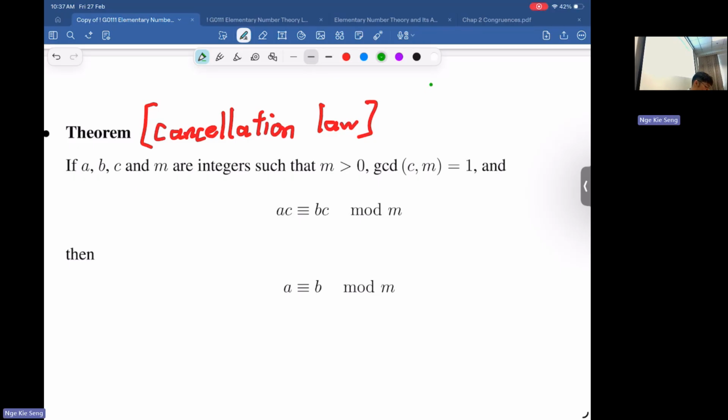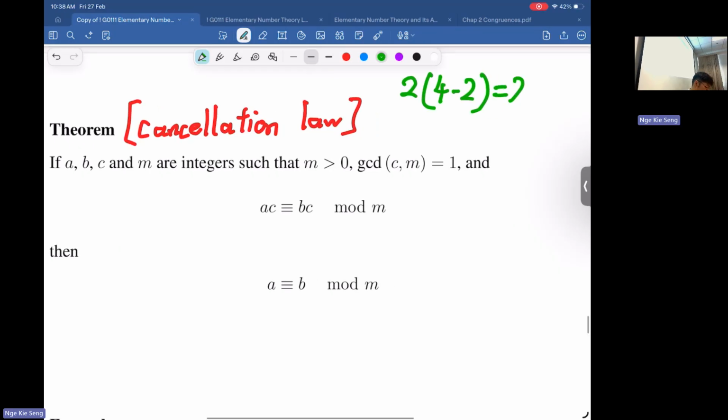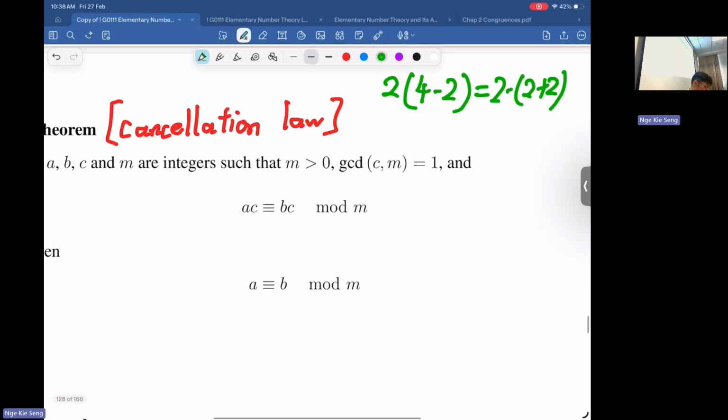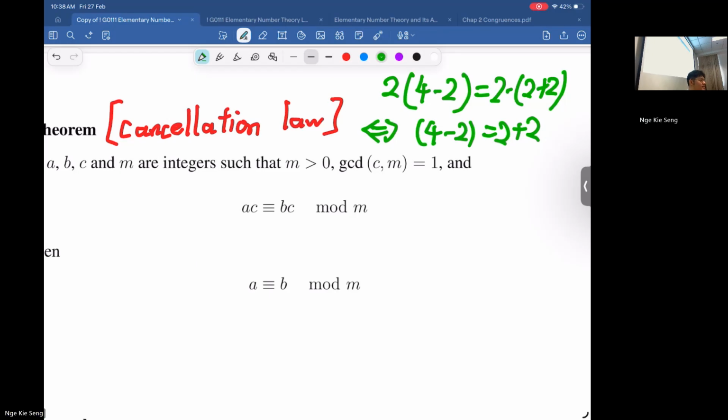Maybe do something like this: 2 times 4 minus 2 equals 2 times 2 plus 2. Did your high school teacher tell you that you can cancel 2 on both sides? How did you get taught in this setting? If got 2, cancel both sides.